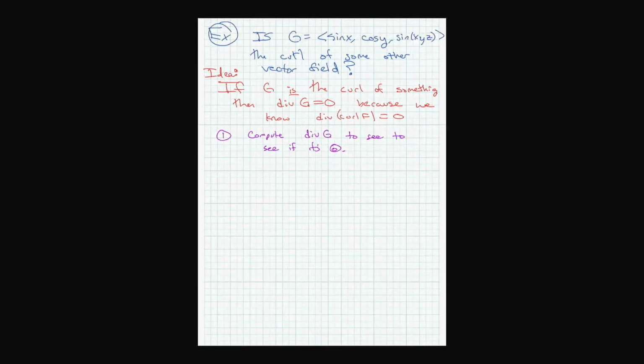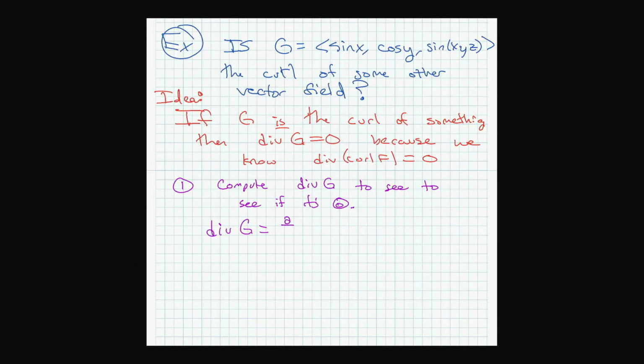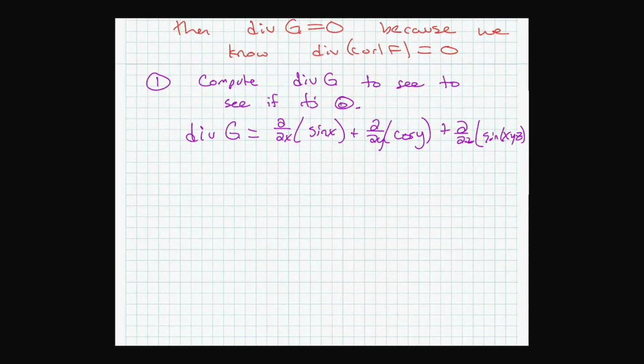Okay, so that's all. You just go div G equals, remember, partial with respect to X of the first component, partial with respect to Y of the second component, partial with respect to Z of the third component. So we just do this.